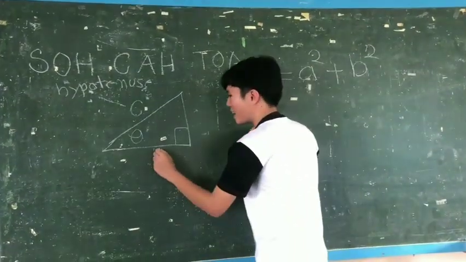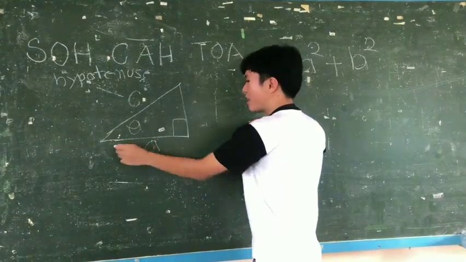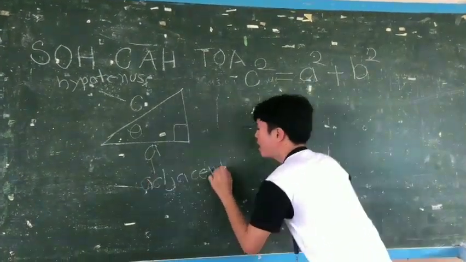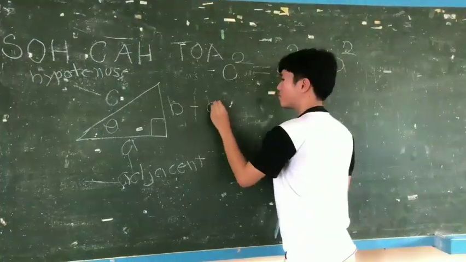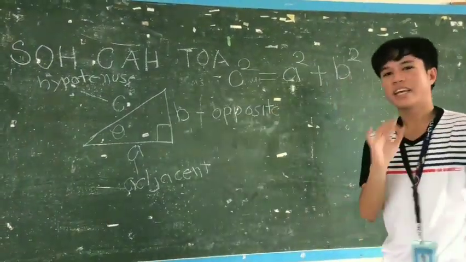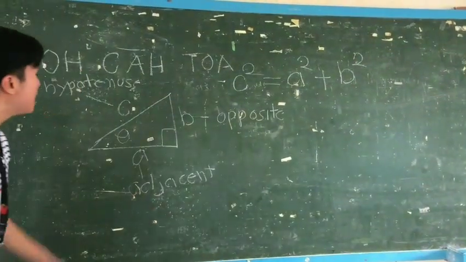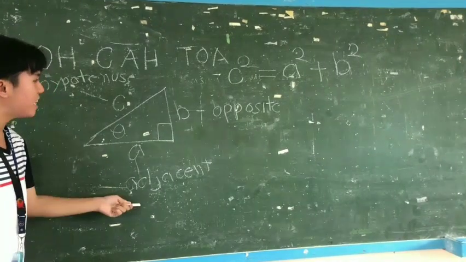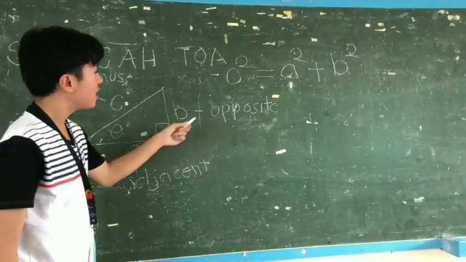So we're going to place A at the base of the triangle. This is the adjacent. And B squared. Okay, let's recap. C is the hypotenuse, A is the adjacent, and B is the opposite.